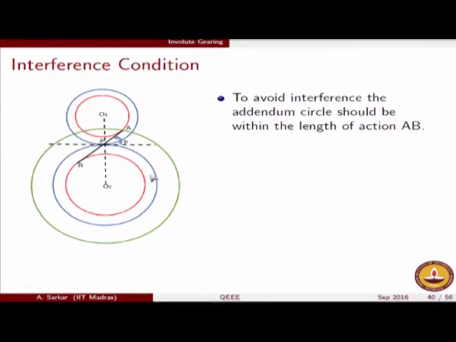What we understood from the gear tooth geometry and the geometry of the engagement, which we talked about in the last class, is that the point of contact has to move on the internal tangent between the two base circles. The point of contact between the two gear teeth will move on this line AB, the line AB being the internal tangent to the two base circles.